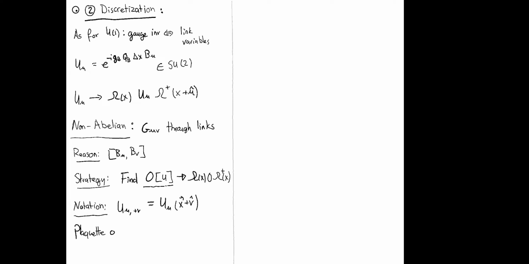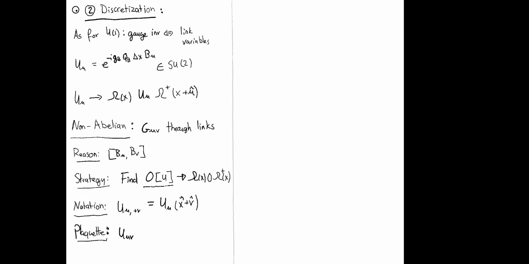This is going to be the smallest Wilson loop that you can write on the lattice, and it has the correct property and goes to the correct operator in the continuum. I'm going to write this operator as U_mu nu.